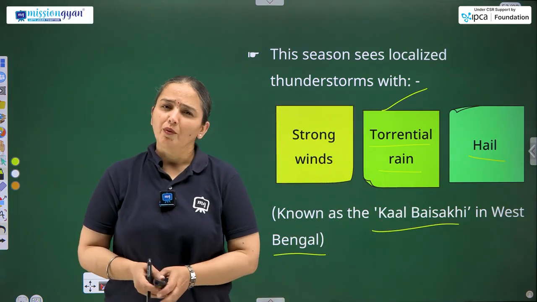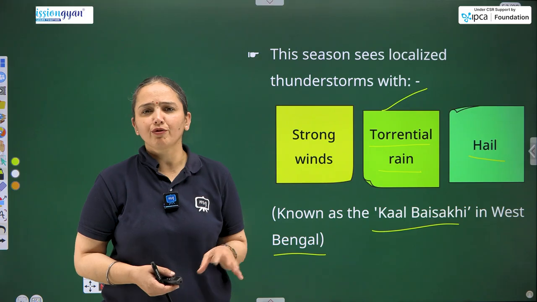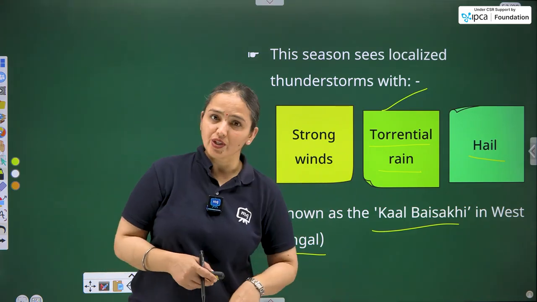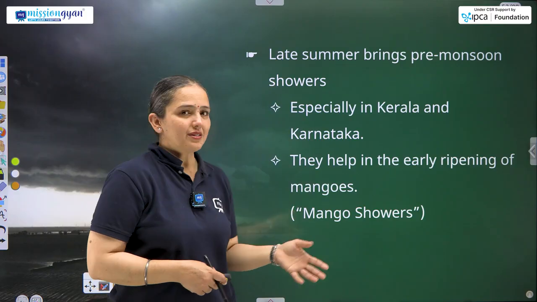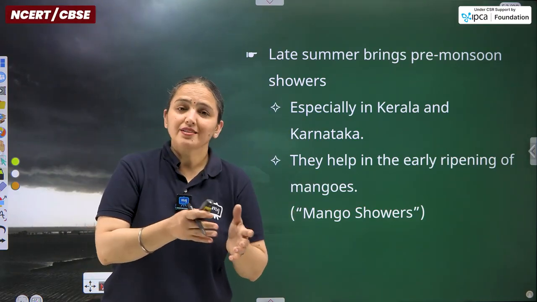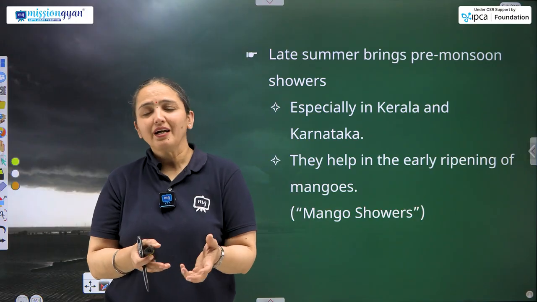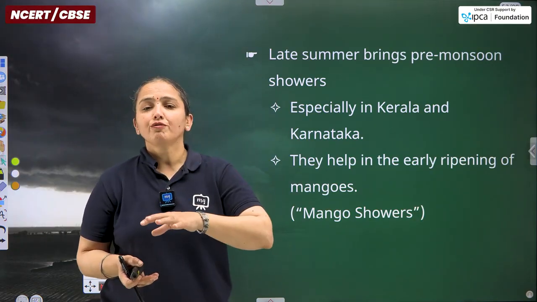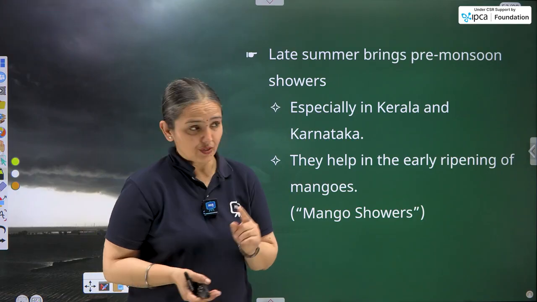They are good for all types of crops, particularly those grown in the West Bengal region. Particularly in the summer season, prominent kinds of wind blow in certain areas that are good for regional agriculture.